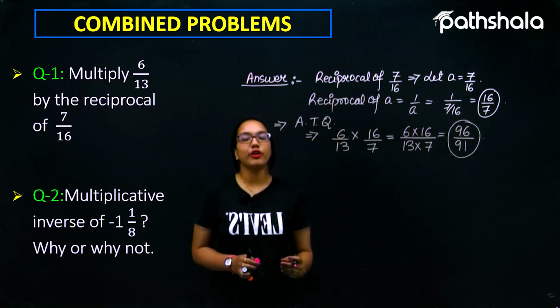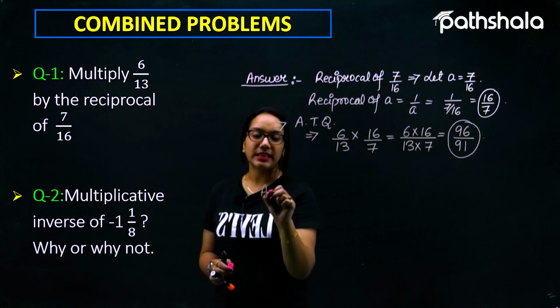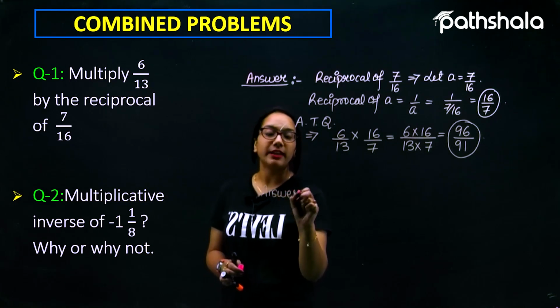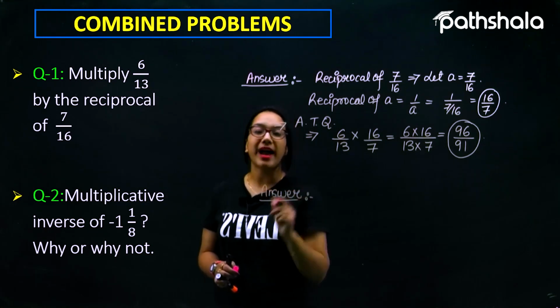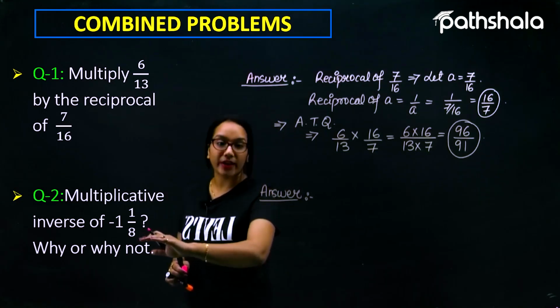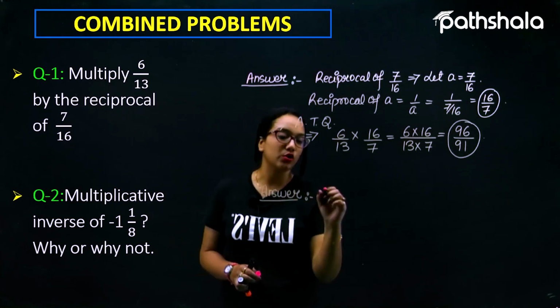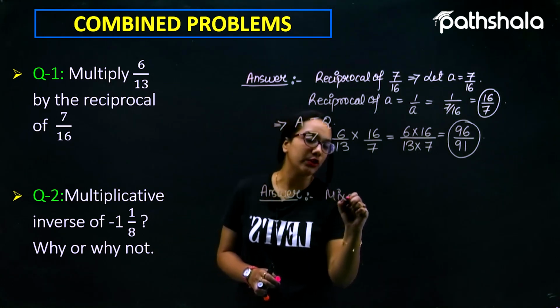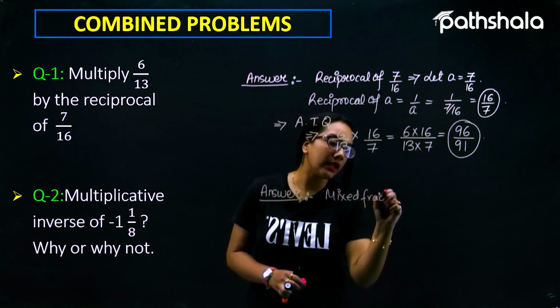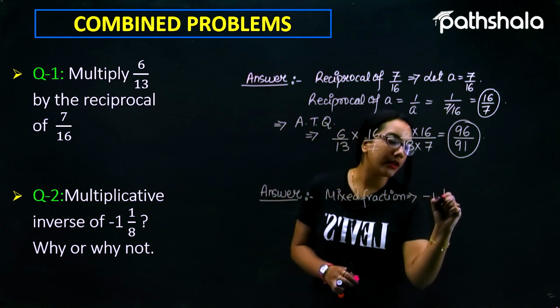Let's move on further towards the answer of the second one. The second one says the multiplicative inverse of minus 1 by 8. First of all, it is a mixed fraction, so let's convert it into a normal fraction. The mixed fraction given to us is minus of 1 by 8.